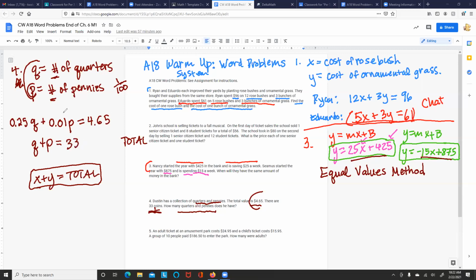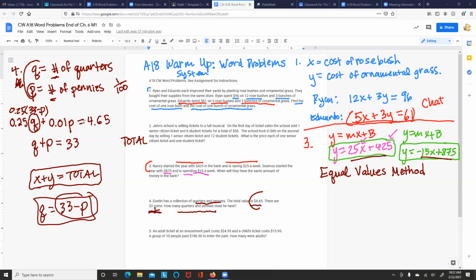Now we have our system. Now we have our system of two equations, two unknowns, and we could solve it. I could solve for like what Q equals. Q would equal 33 minus P, right? And I would substitute 33 minus P in for Q right here. And then I would have 0.25 times 33 minus P plus 0.01 P equals 4.65.